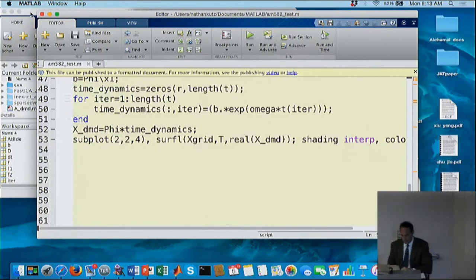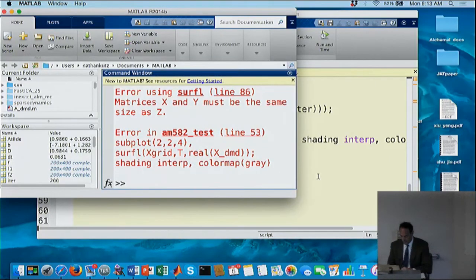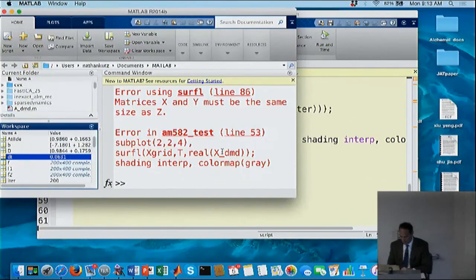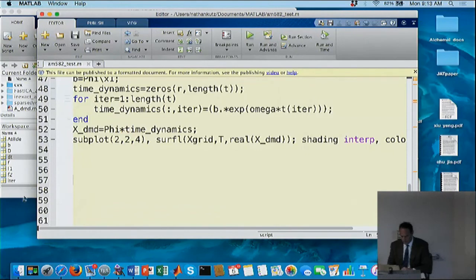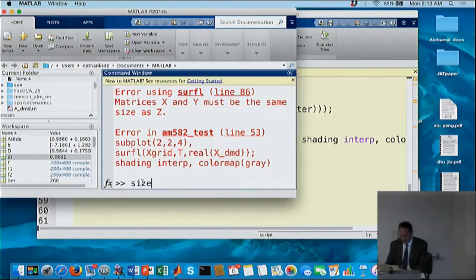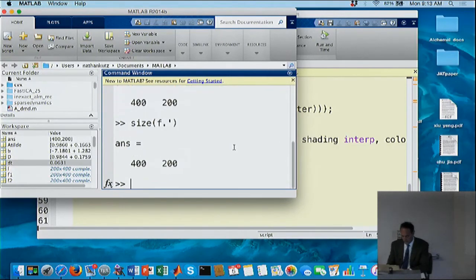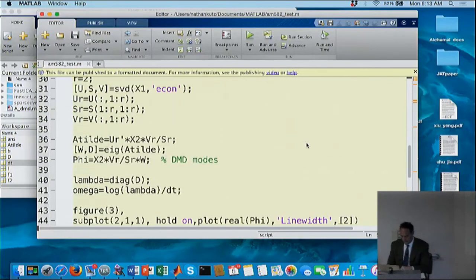So first of all, I think I have real. No? What's going on here? Oh, I might not have this. So 400 rows, yeah. That's correct, yeah.